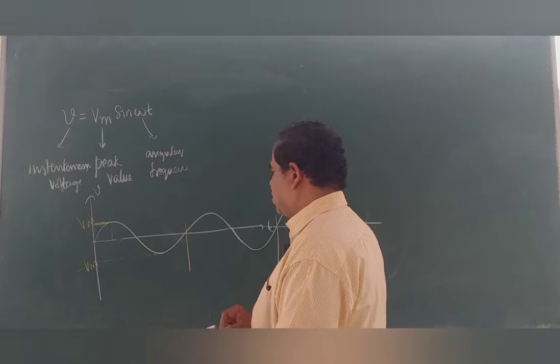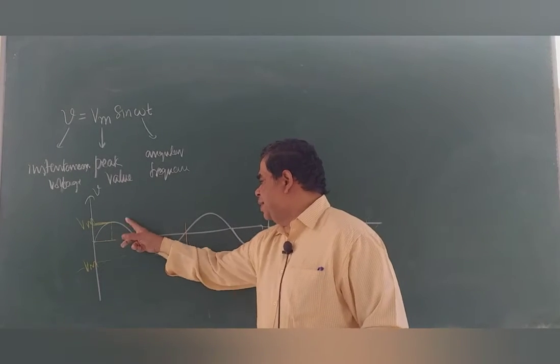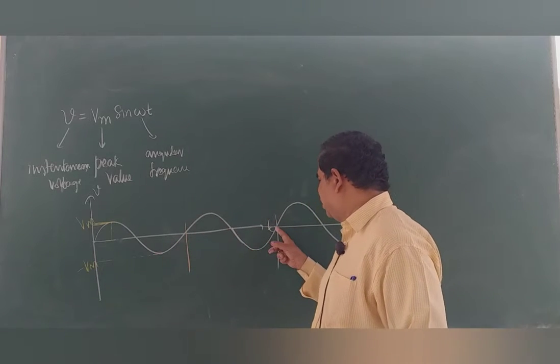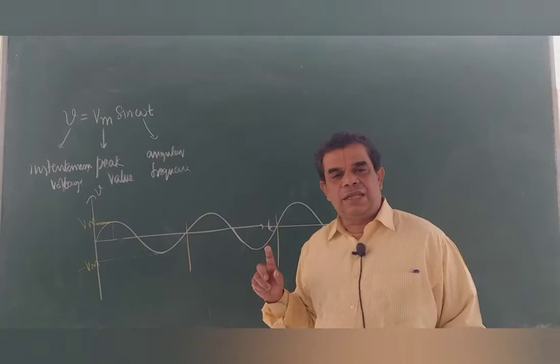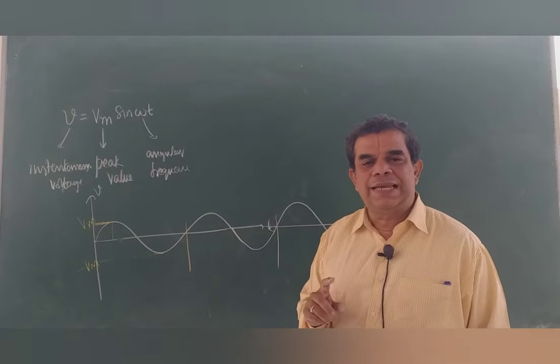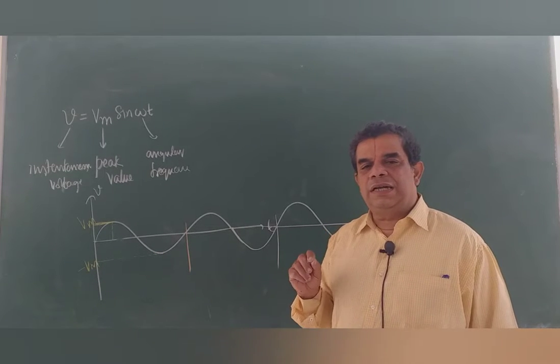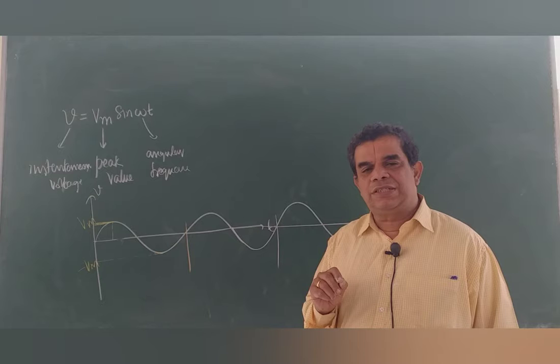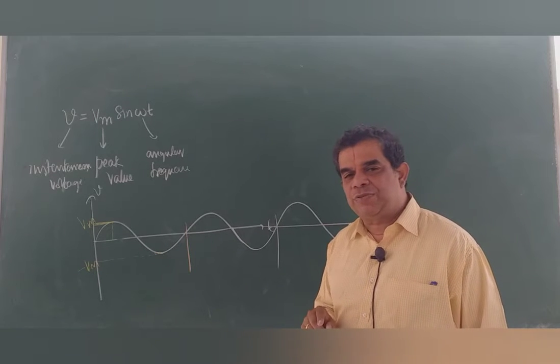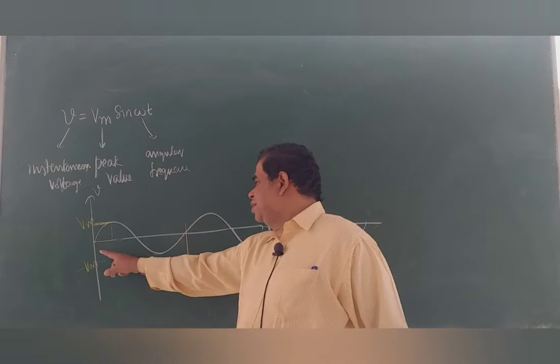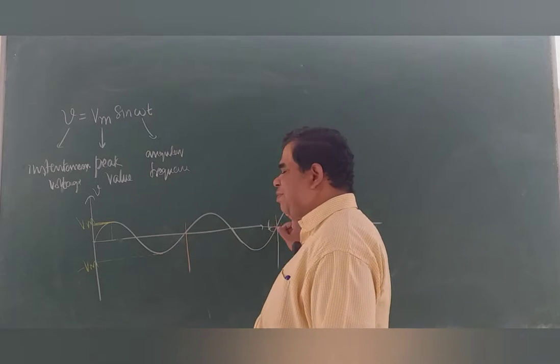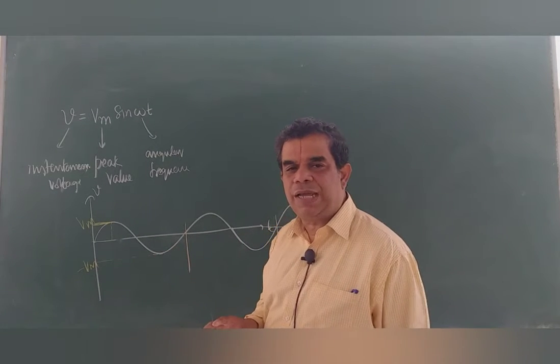Say this is one complete set of variation which repeats again. Therefore, we can say AC is a voltage or current which varies periodically with respect to time, because observe, everything repeats. That's why we say periodically with respect to time.